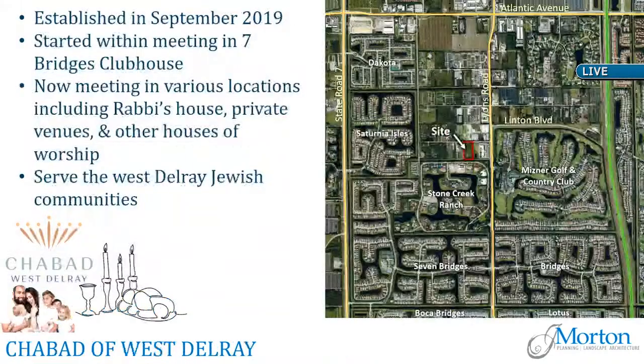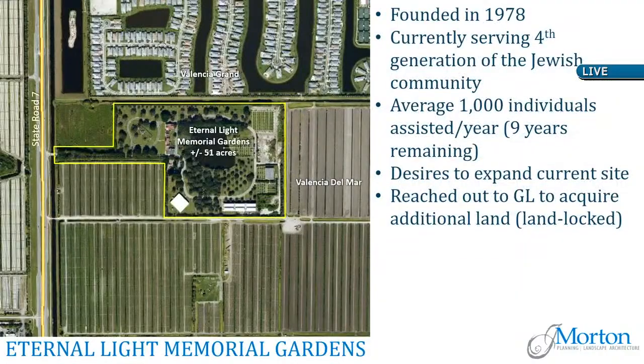Next slide. A little bit of background about Eternal Light, where they're located. Eternal Light has served our community since 1979 and is now assisting 4 generations of families. On average, they help 1,000 people per year.